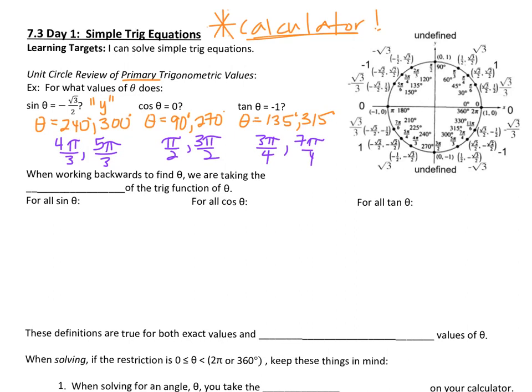Ultimately, when we work backwards to find theta, we're taking the inverse of the trig function of theta. Sine, cosine, and tangent are all the primary trig values. They're the most common ones that we use. For sine, if we think about having an angle measure, there are 2 answers possible.